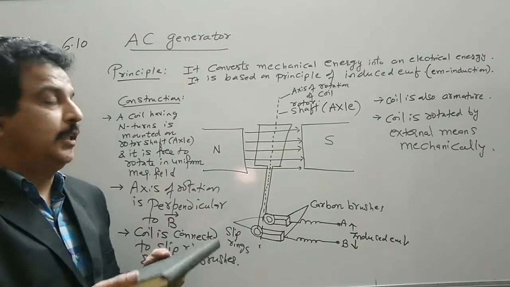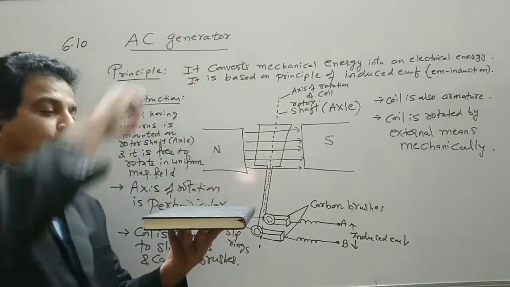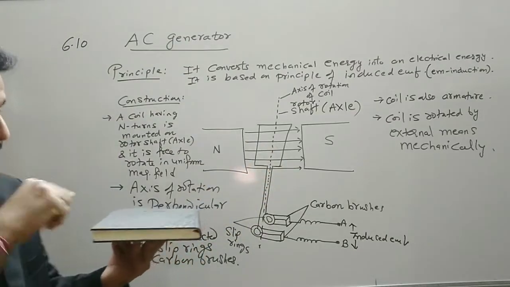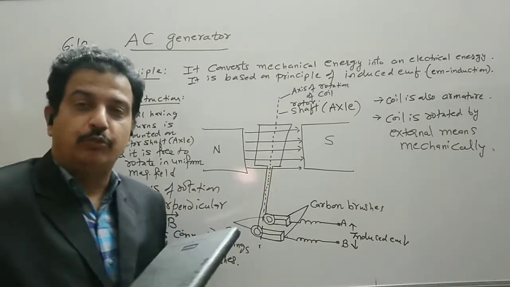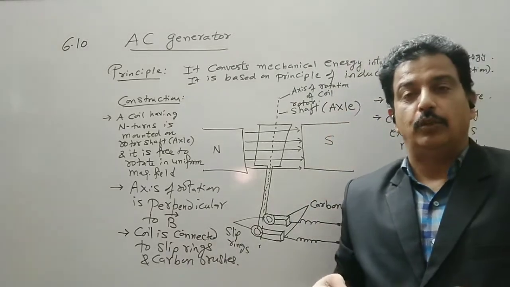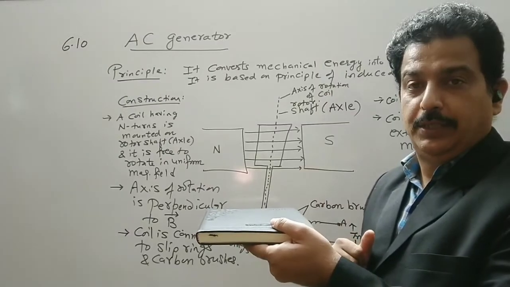So now we start how it works. Initially, if the area vector is along the y-axis and the magnetic field is along the x-axis, the magnetic flux we know is BAN cos theta. Cos 90 is 0, so the magnetic flux linked with this coil is 0.